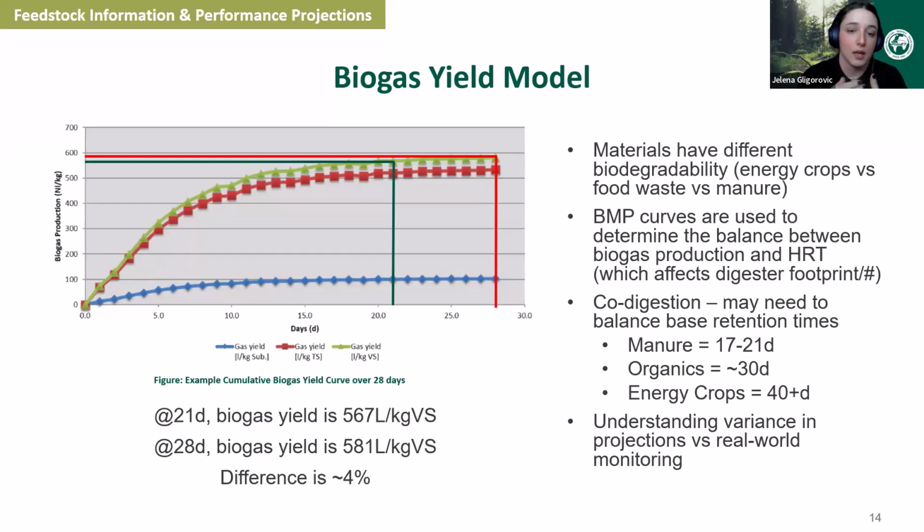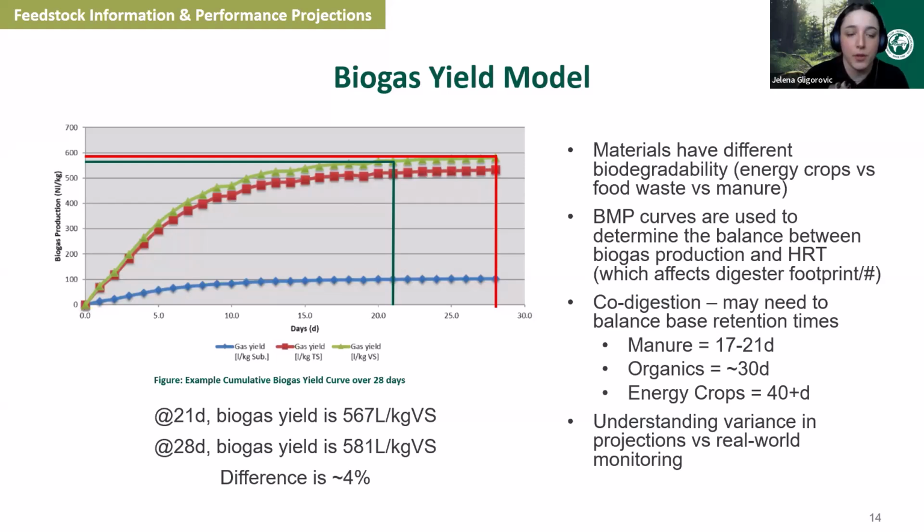Or even if you need another digester to accommodate that volume of feedstock that you're bringing in and keeping for longer periods of time. So sometimes there's a conversation between what is your biogas yield at certain retention times and what is the best bang for your buck, essentially.